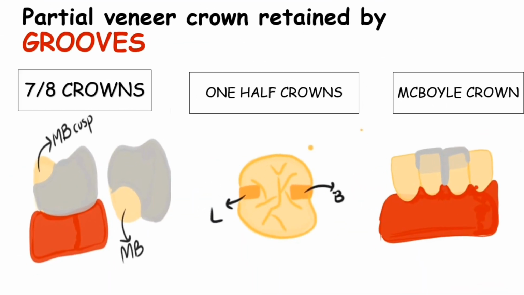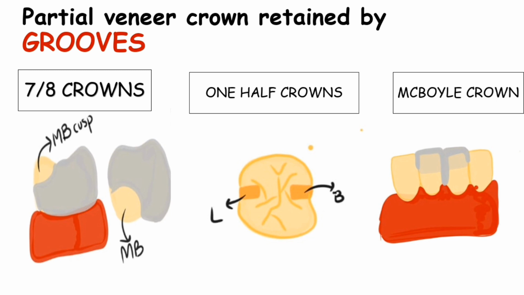Okay, so the McBoyle crown is a partial coverage crown, and it is also retained by grooves. It is a modified type of the 3/4 crown, with its retention derived from grooves at the labio-proximal line angles. You can see in the picture, it is usually used for mandibular anteriors.